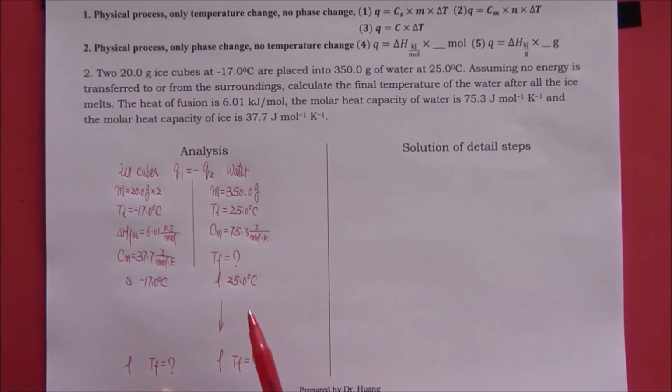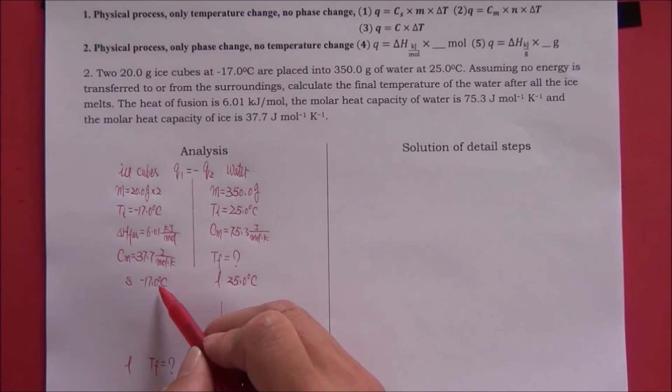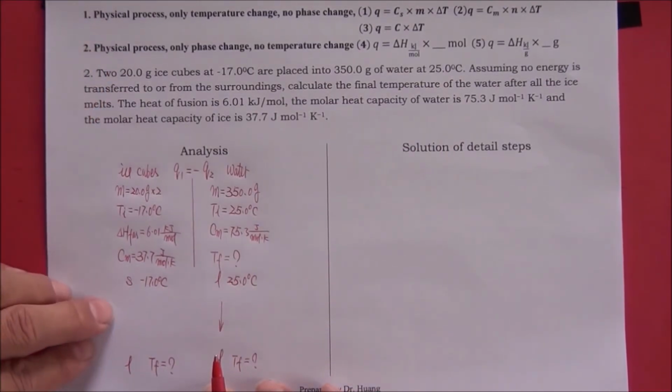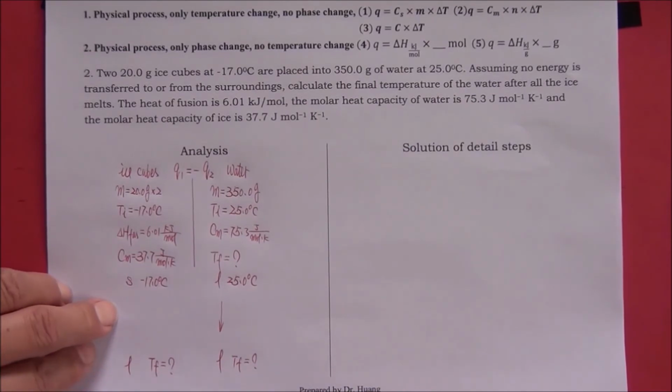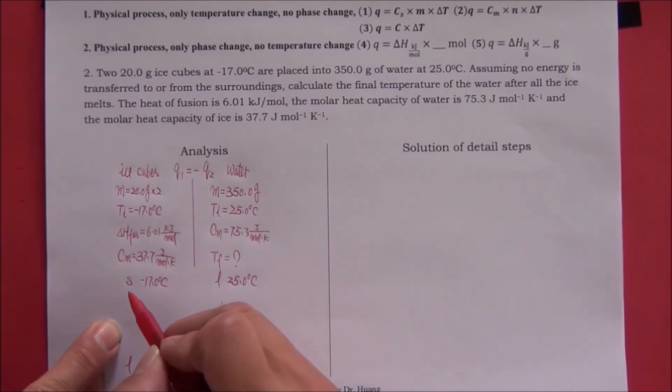But for the ice cubes, when we change from solid to liquid, we also have a temperature change. In order to calculate the heat for this process, we have to break it down to different steps. And for each step, we either have only temperature change or phase change. A good separation point will be the melting point, because we have a change from solid to liquid.